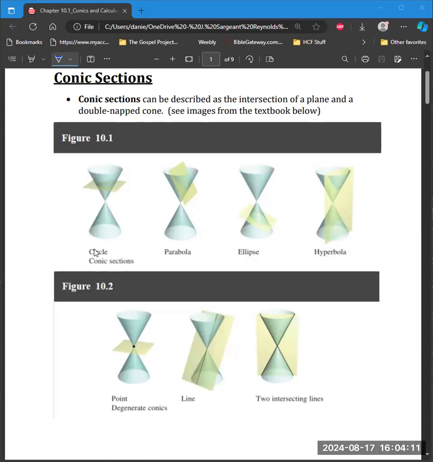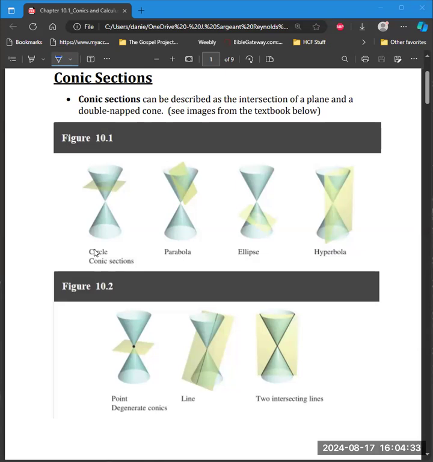If I tilt that plane at an angle so that it comes through one side of the cone but doesn't cross through the other side of the cone, it's going to trace out a parabola here. And this extends infinitely like this.